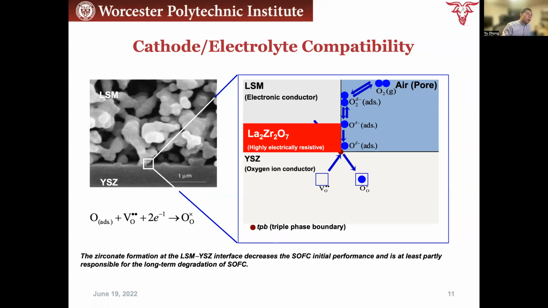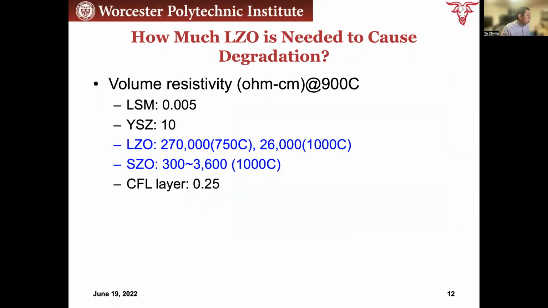In the real case, of course, unfortunately, we do observe bad phases actually forming, like lanthanum zirconate, natrium zirconates, and the strontium zirconates. If you check the resistivity, you will find, comparing with LSM and YSZ, LZO and SZO actually increase thousands of times, millions of times or even billions of times.